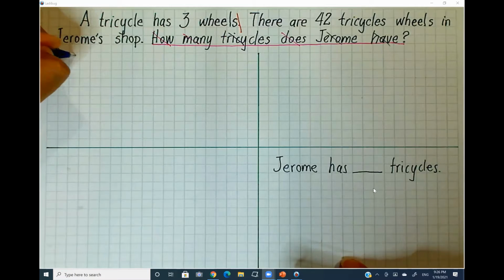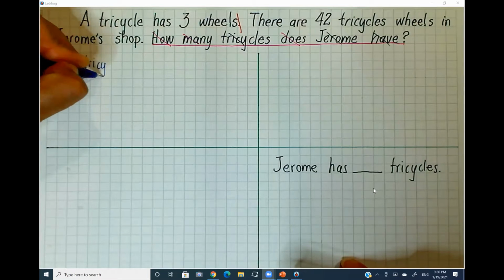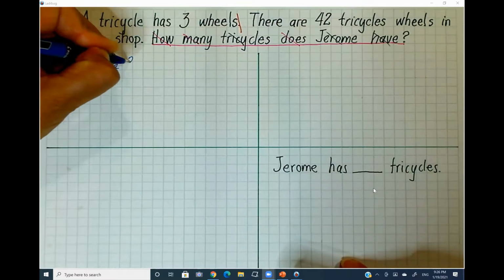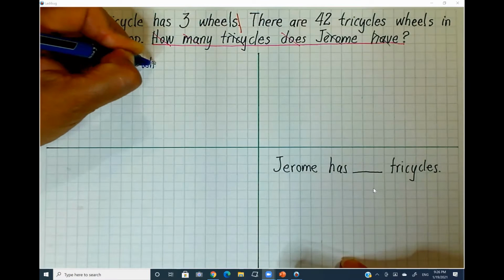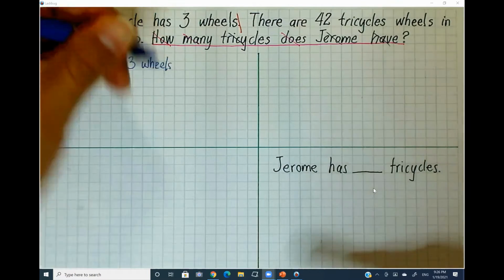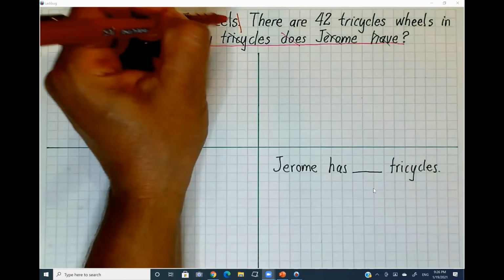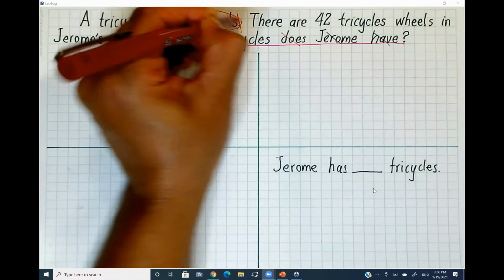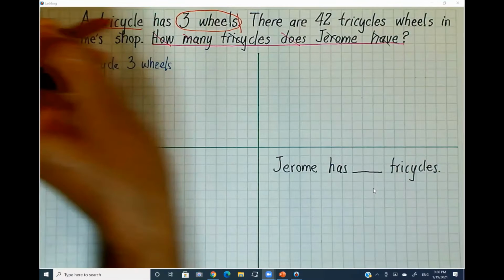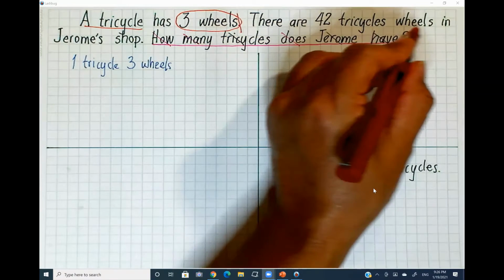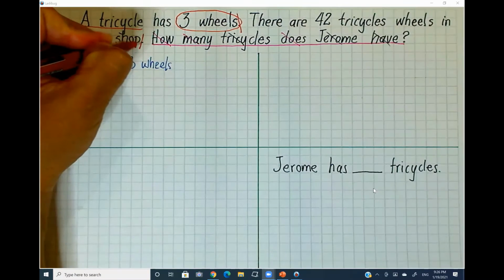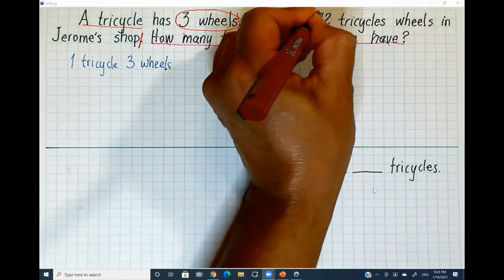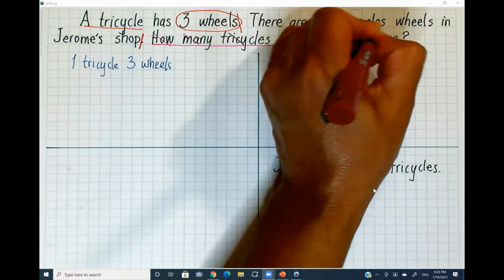One tricycle, three wheels. There are 42 tricycle wheels in Jerome's shop. So we have 42 tricycle wheels.